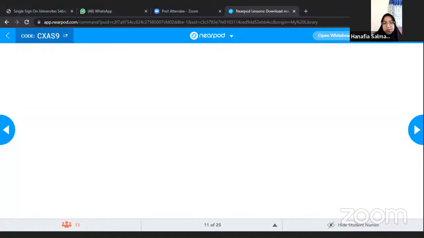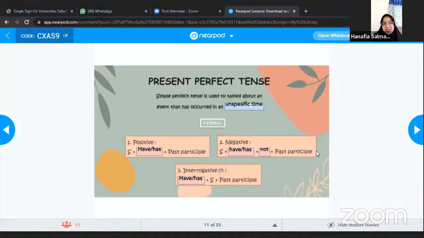Okay, thank you, Berna. Okay, students, we will enter the present perfect tense material. First, what is the present perfect tense? Present perfect tense is used to talk about an event that has occurred at an unspecific time. Then here there are three formulas in verbal. The first is positive.